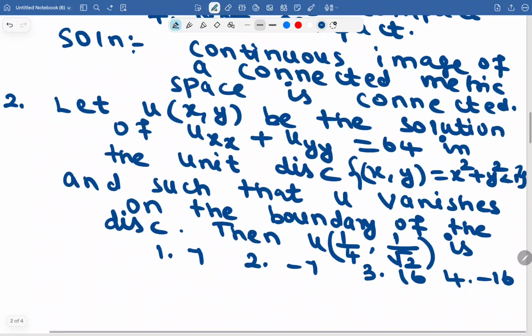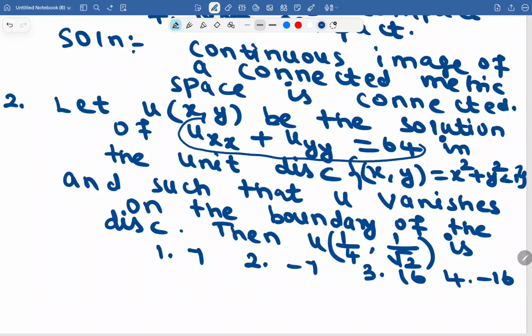In the second problem, it is given that u of x, y is the solution of uxx plus uyy equal to 64 in the unit disk x square plus y square less than 1. And one important piece of information is given: u vanishes on the boundary of the disk. Unit disk is x square plus y square less than 1.